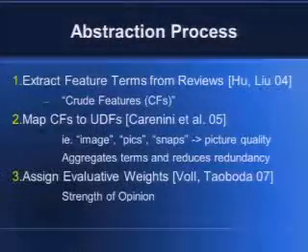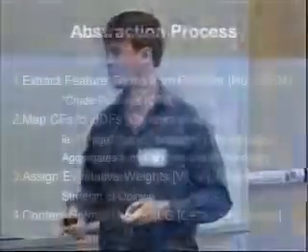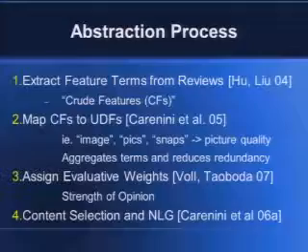In this way, we can aggregate terms and reduce redundancy. The next is to evaluate the opinions being expressed in sentences. We assign a score to each sentence between -3 and +3, indicating whether it is a positive or negative sentence. And then content selection and natural language generation will express this information in a summary.